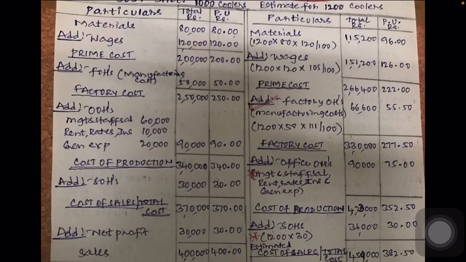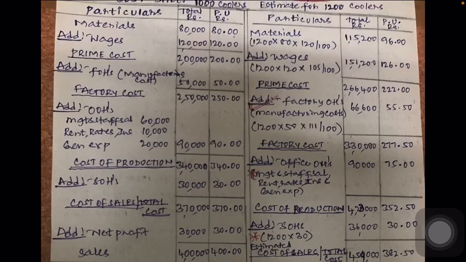Materials are 1200 into 80 into 120 by 100, as they are increasing by 20%. That is 1,15,200 is the material cost for making 1200 coolers, and 96 rupees per unit.